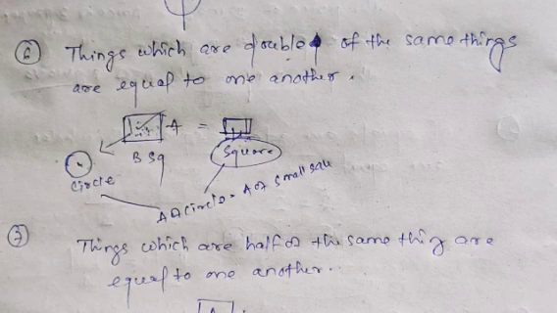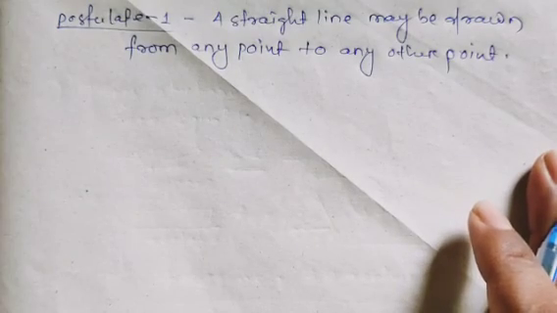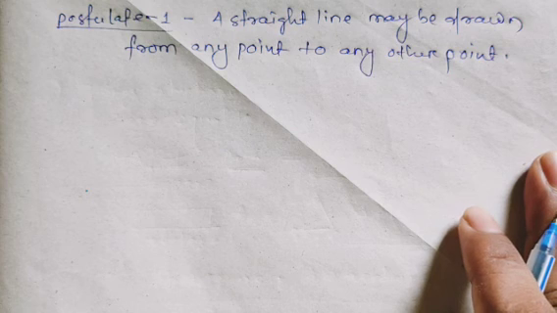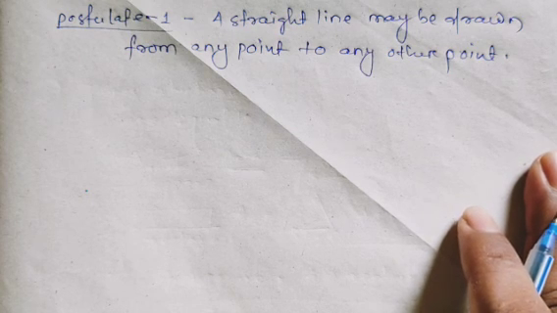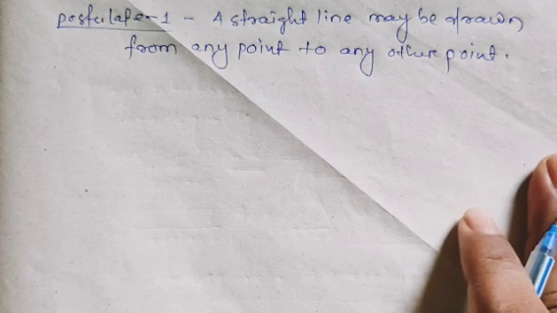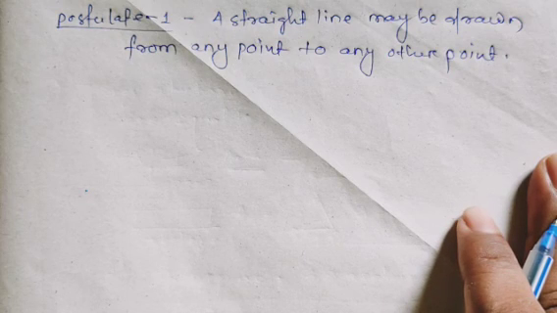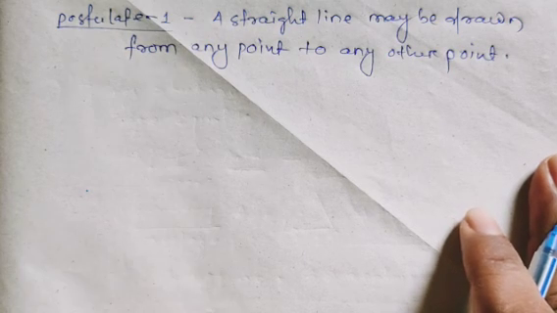Okay, let's go to the next. Let us discuss Euclid's 5 postulates. Among these 5 postulates, in postulate 1, he stated that a straight line may be drawn from any point to any other point.